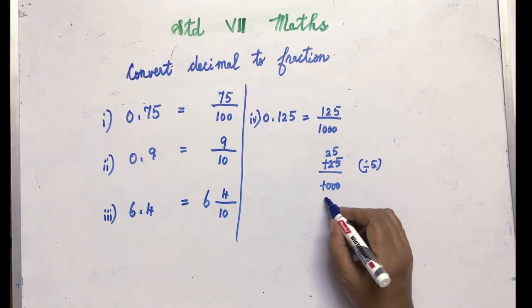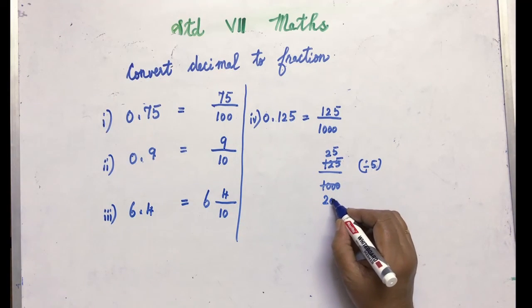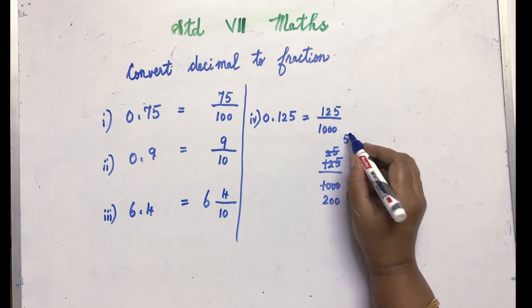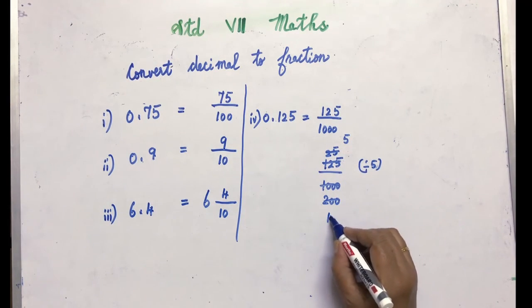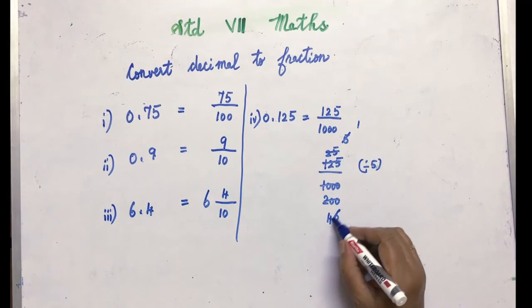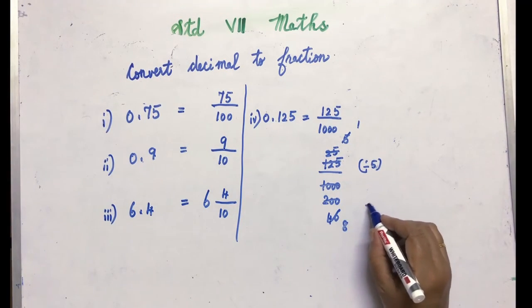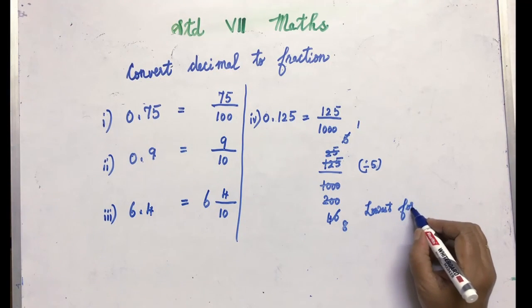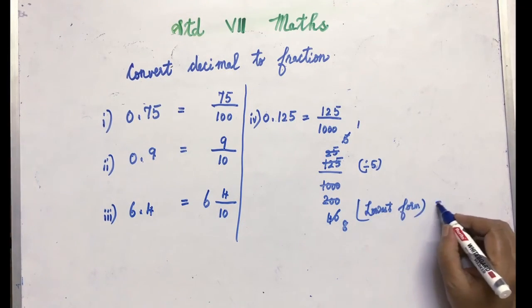By 5 table, 2 5s are 10, then 0, 0. Again by using 5 table, 5 5s are 25, and here 40. Again by using 5 table, 1 5 is 5, 8 5s are 40. So lowest form is equal to 1 by 8.